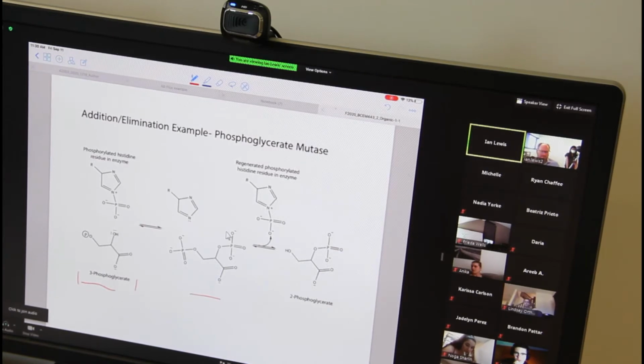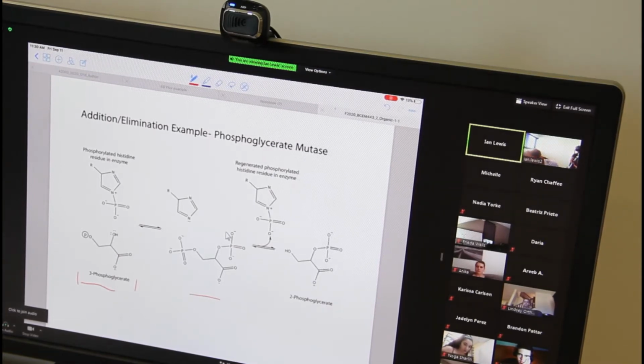Where's the nucleophile, chat? Hydroxyl, that's right. And so this guy has a lone pair of electrons. What's the electrophile? Correct. Electrophile is what? Yes, the phosphorus. Absolutely right.